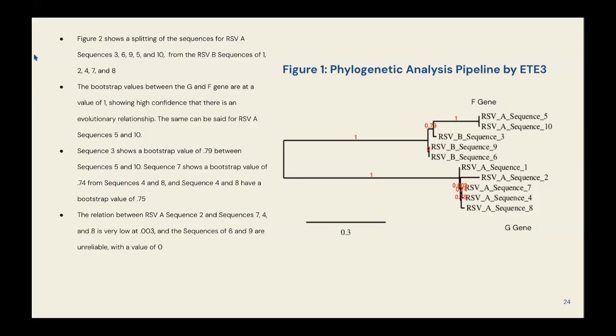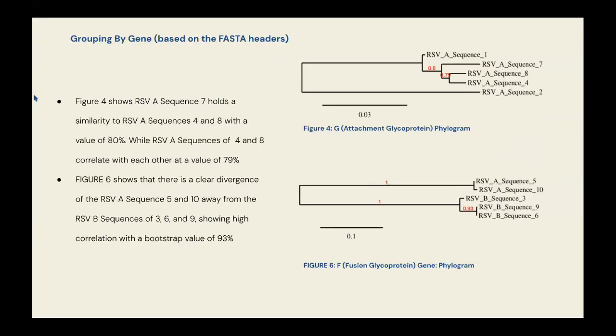The relation between RSVA sequence 2 and sequence 7, 4, and 8 is very low at a 0.003, and the sequence of 6 and 9 are unreliable with a value of 0. Figure 4 shows RSVA sequence 7 holds a similarity to RSVA sequence 4 and 8 with a value of 80%, while RSVA sequences of 4 and 8 correlate with each other at a value of 79.